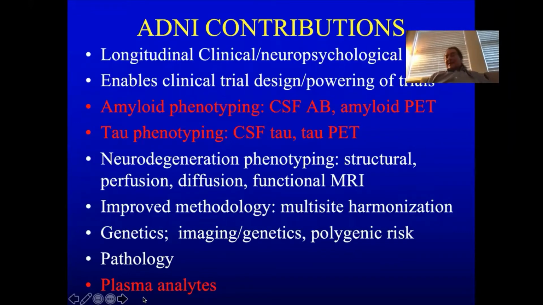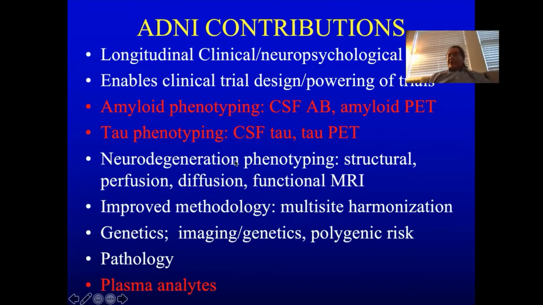Just to summarize the contributions of ADNI, we've provided a huge database of longitudinal clinical and neuropsychological data, which enables clinical trial design and powering of trials. In my mind, clearly the biggest single contribution has been amyloid phenotyping using CSF amyloid and amyloid PET, and tau phenotyping using tau PET. And I should add here, plasma amyloid and plasma tau.